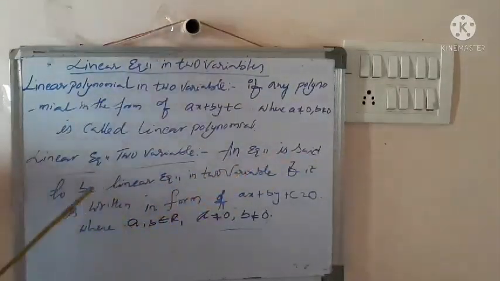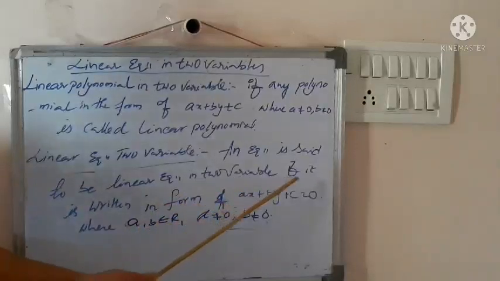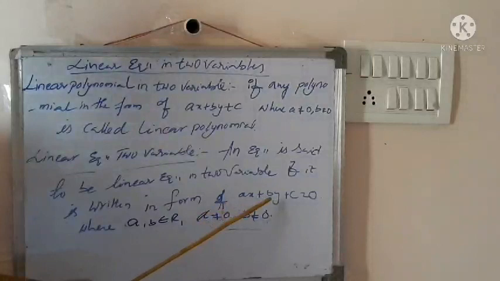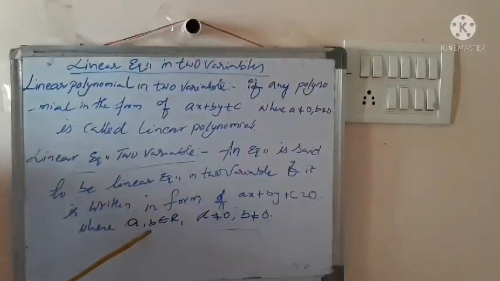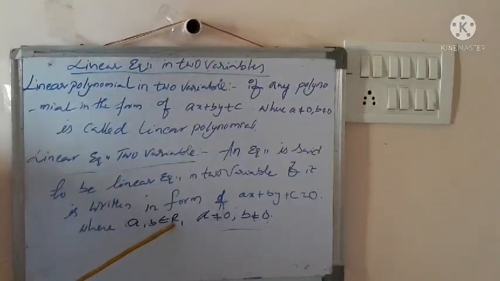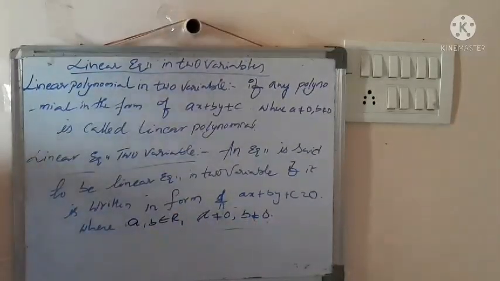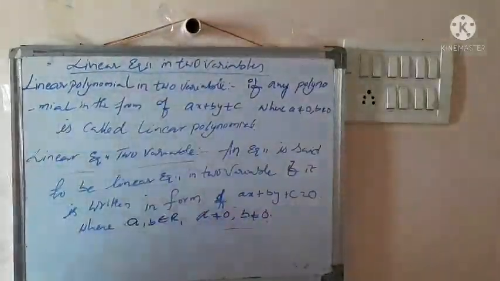Any equation is said to be a linear equation in two variables if it is written in the form of ax plus by plus c is equal to 0, where a, b belong to R, any real number, a not equals to 0 and b not equals to 0. Here a and b are both not 0.